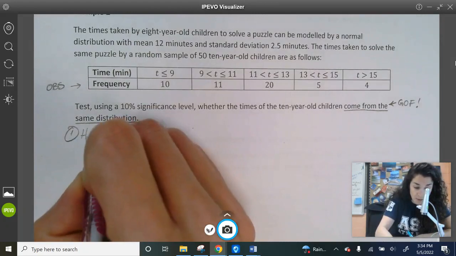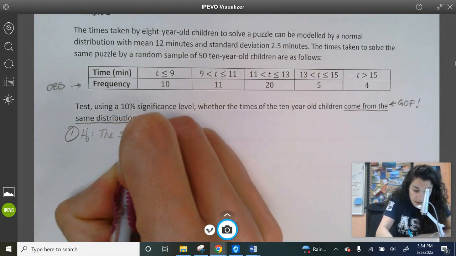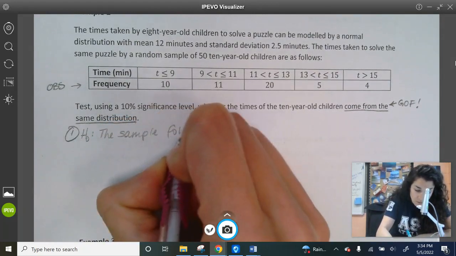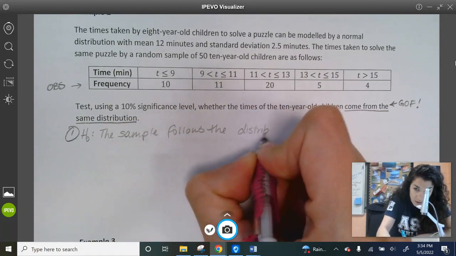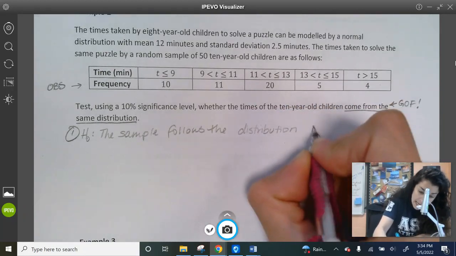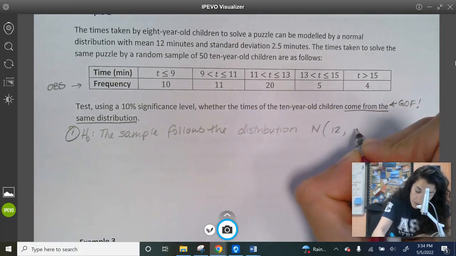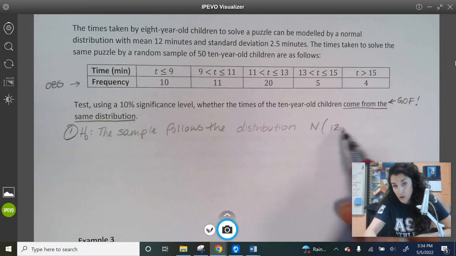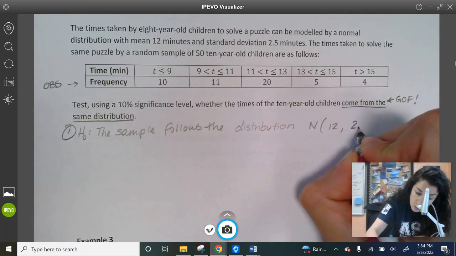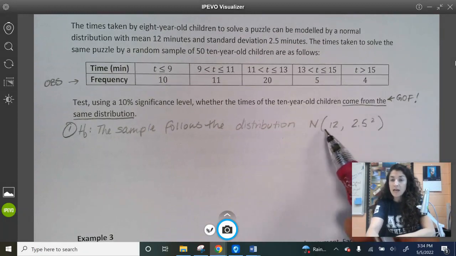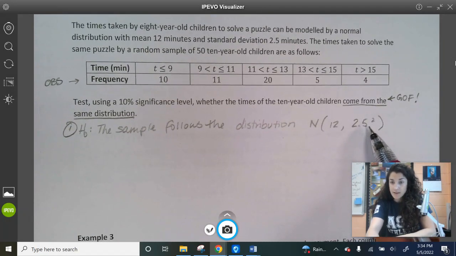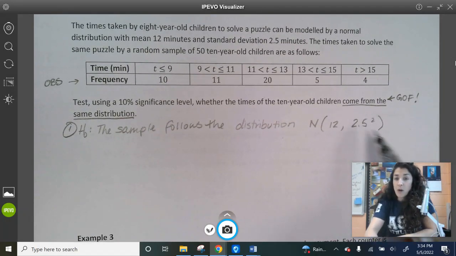So I'm going to say the sample follows the distribution N(12, 2.5²). Remember that this is how we talk about normal distributions, average comma variance, and variance is just your standard deviation squared.